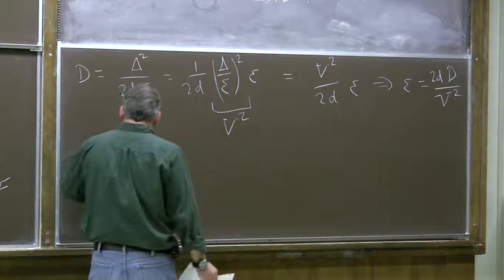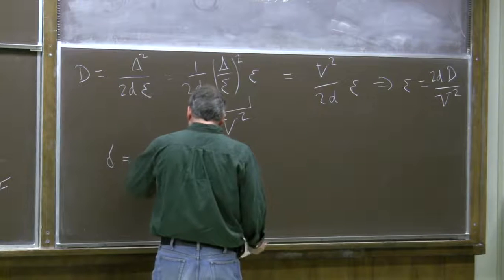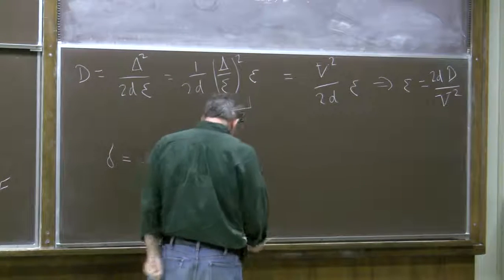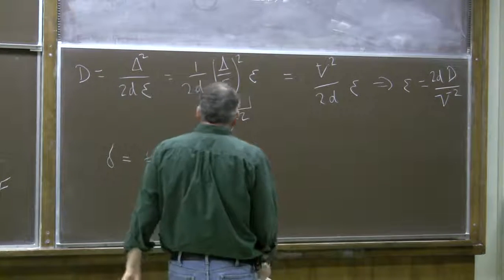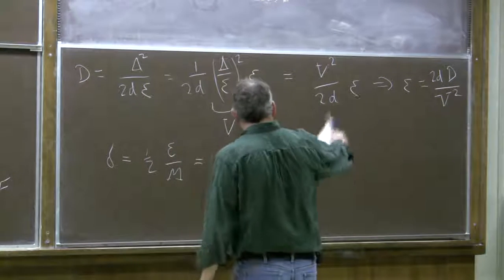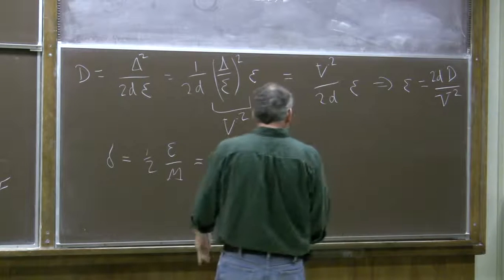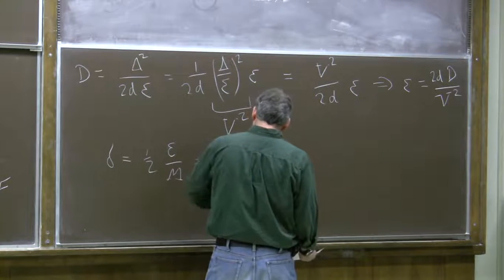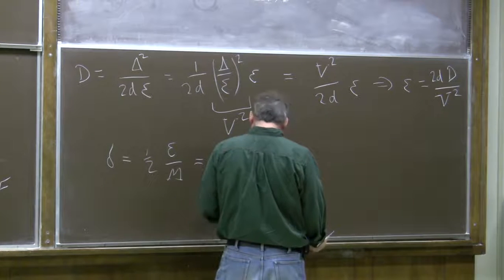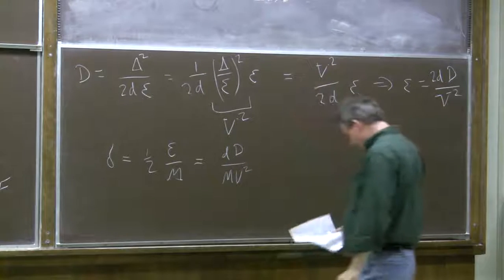Again, remember the mobility, we said, would be 1/2 epsilon divided by the mass of the drifting particle. But now let's put in this expression for the reset time epsilon in terms of diffusion constant. So then we have spatial dimension times diffusion constant divided by m of v squared.